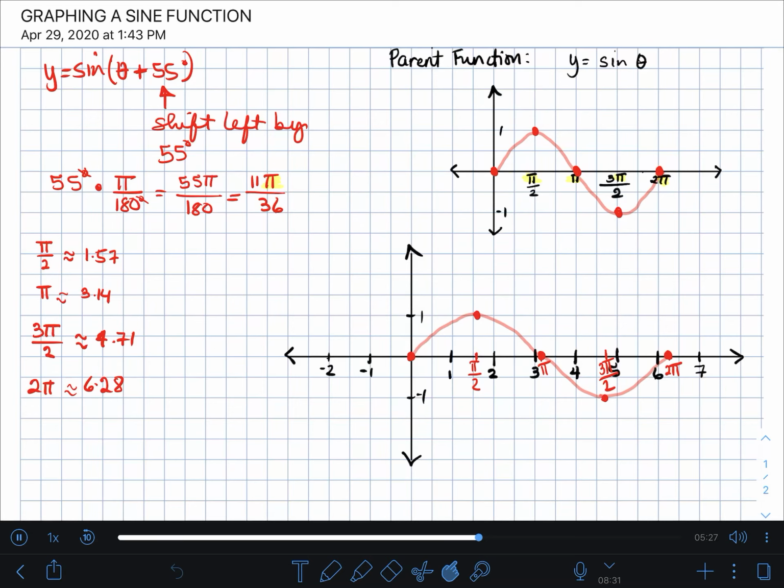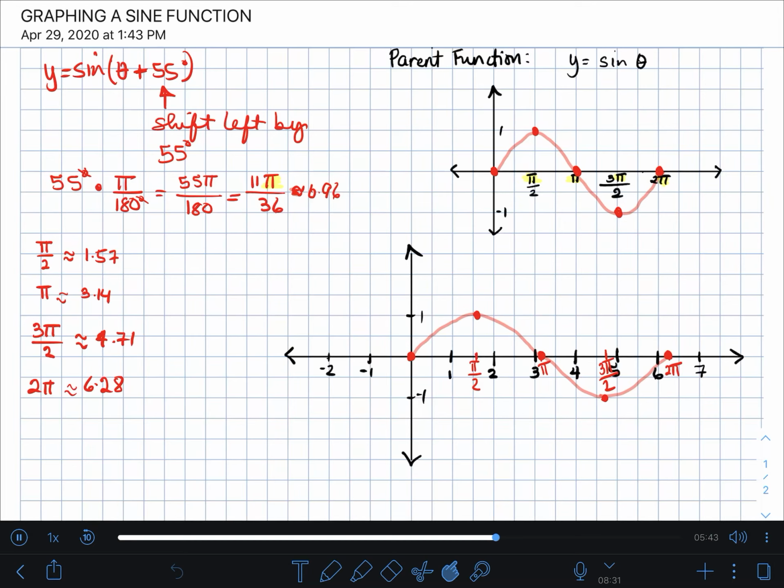But before we do that, let's evaluate the value of 11 pi over 36. So 11 pi over 36 is equal to around 0.96, so almost 1.